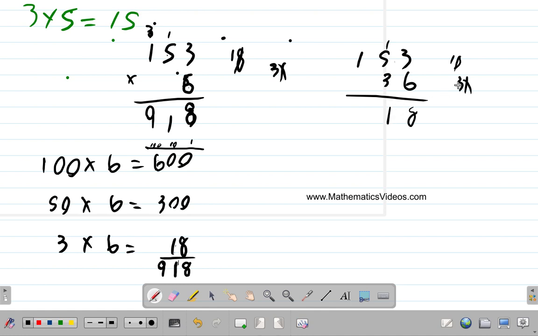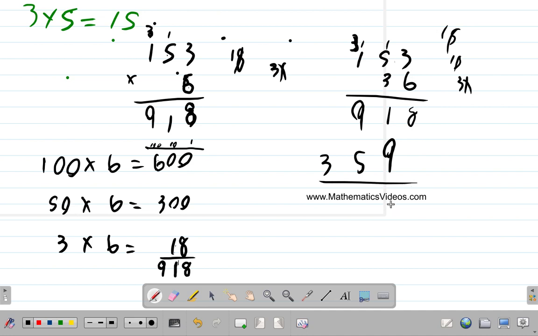Bring down the 1. Carry 3. 6 times 1 is 6, and 3 is 9. Notice you ignore the 3 all along, but then later on, you come to the 3 and say 3 times 3 is 9, 3 times 5 is 15, bring down the 5, carry 1, 3 times 1 is 3.